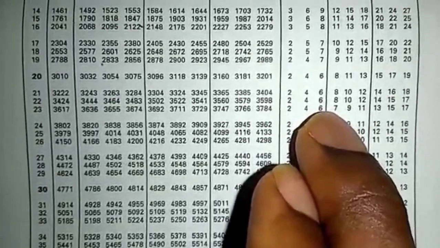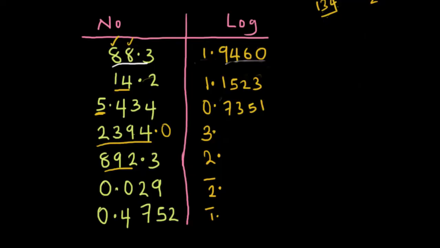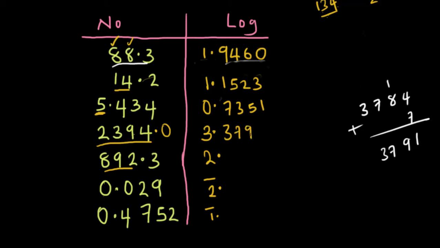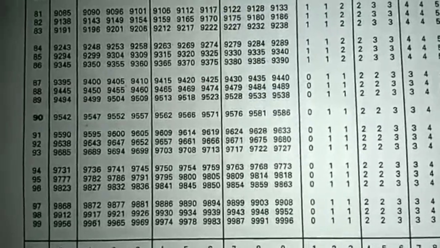Do you understand? 7 plus 4 is 11. So we have 1 carry 1. 1 plus 8 is 9. So we have 3791. So the logarithm of 2394 is 3.3791. Next.